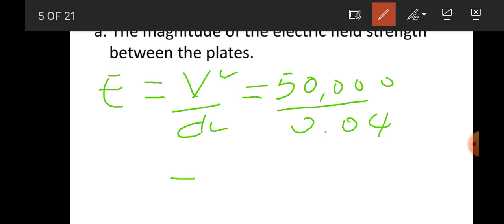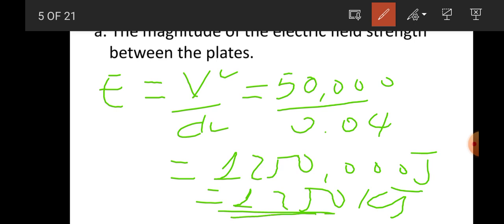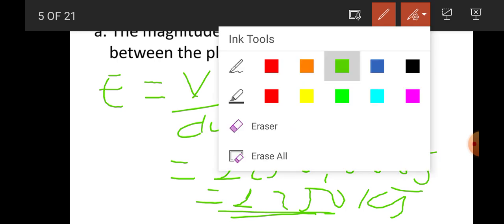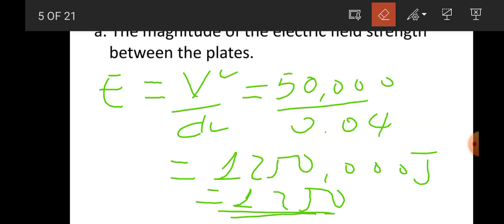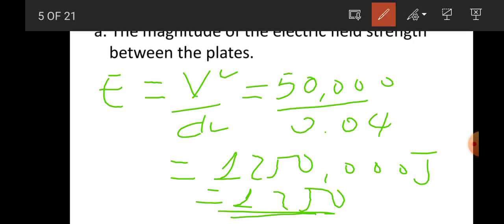So this is equal to 1,250,000, in units of newton per coulomb, or we can say volt per meter.